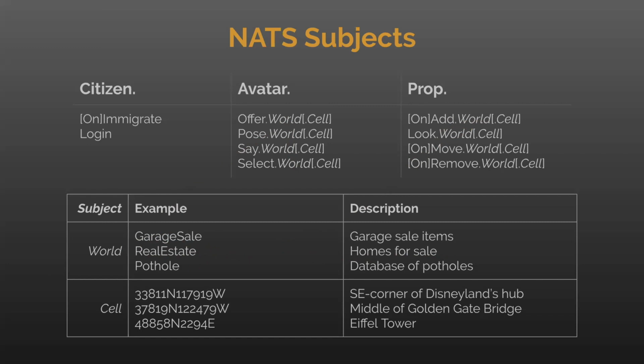As you're walking through the house, you can actually see things that are left by the realtor to tell you about features of the home, for example. You could have other worlds too, maybe a location of different garage sales and what kind of items they have for sale. So you could quickly take a look at that. Maybe you're doing an infrastructure type app and you want a database of all the potholes in your city. That's the kind of different worlds you can have.